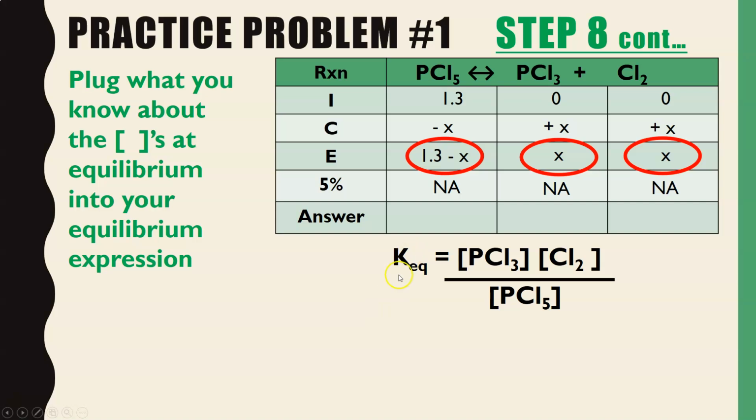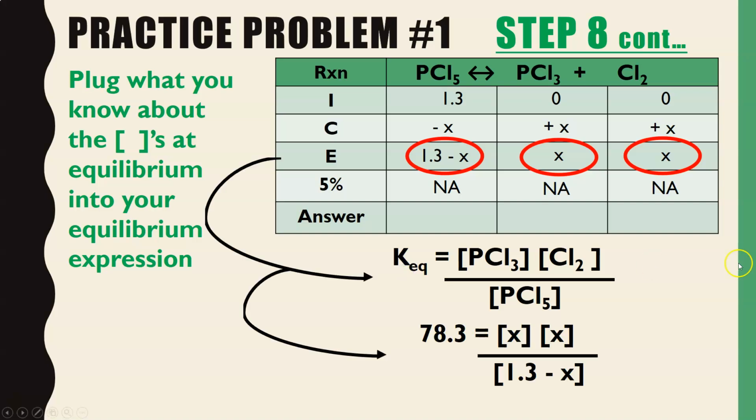The K value is equal to the concentrations at equilibrium. Not when you start, not the change. It's the ones at equilibrium. We had our K value given to us. Remember, it was 78.3. So I plug that in and I get 78.3 equals x times x over 1.3 minus x.